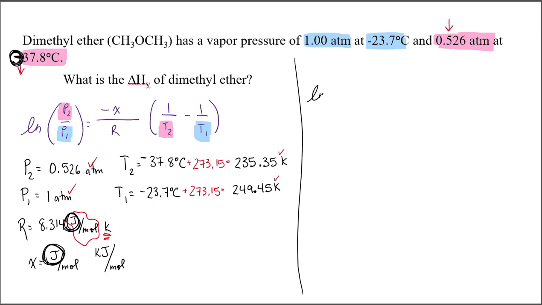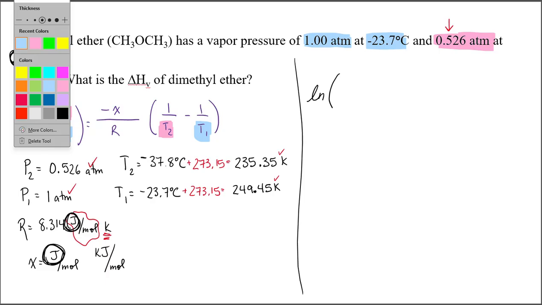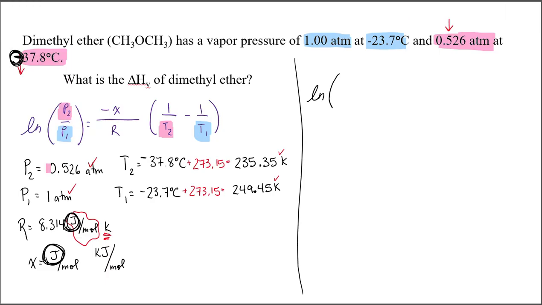So we have the natural logarithm of, and again, can't stress this enough, the pink on top goes with the pink that comes first. So this is the natural logarithm of 0.526 divided by 1 equals negative x. Don't lose the negative sign.